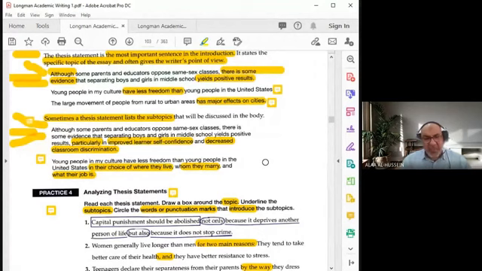If we have, for example, 3 subtopics, this means that we need to write 3 body paragraphs. If we have 4 subtopics, this means that we have to write 4 body paragraphs. But if we don't have any subtopics, this means what? This is another question.